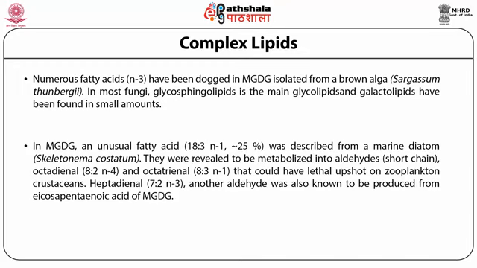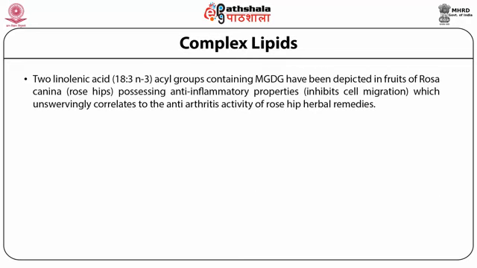They were revealed to be metabolized into short-chain aldehydes, octadienal and octatrienal, that could have a lethal effect on zooplankton crustaceans. Heptadienal, another aldehyde, was also known to be produced from the icosapentaenoic acid of monogalactosyl diacylglycerol.